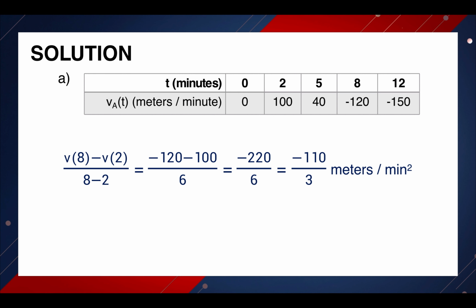So we just apply the mean value theorem here, which is to do the following calculations. (v(8) − v(2)) over (8 − 2) is equal to (−120 − 100) over 6, which is equal to −220 over 6, which is equal to −110 over 3 meters per minute squared.